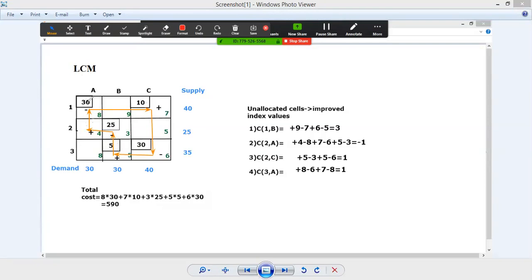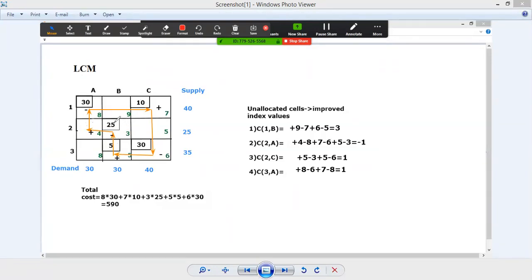If you observe the allocation values in all these three cells, here we have allocation 30, here we have allocation 25, here we have allocation 30. Among these three, we have to choose the minimum allocation value. Which is the minimum allocation value here? This 25 is the minimum allocation value.